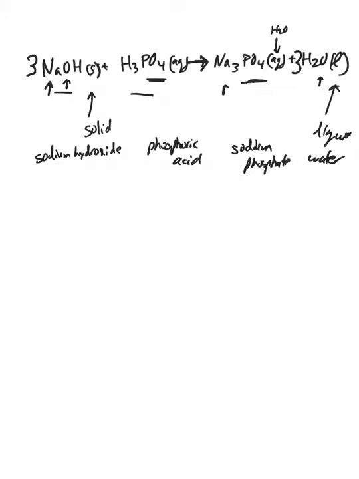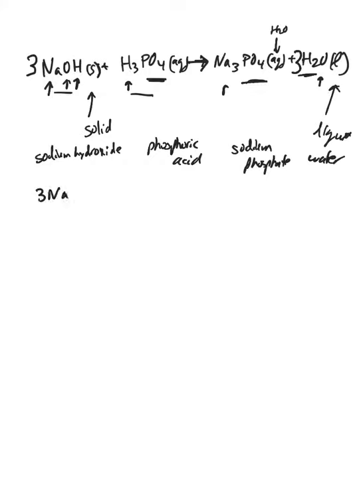Now let's see about our hydrogens. I've got 3 hydrogens from the sodium hydroxide, 3 from the phosphoric acid, so that's 6 hydrogens. And then if I look at my water, 3 times 2 are 6 hydrogens. So methinks we've got this guy balanced, but let's make sure.